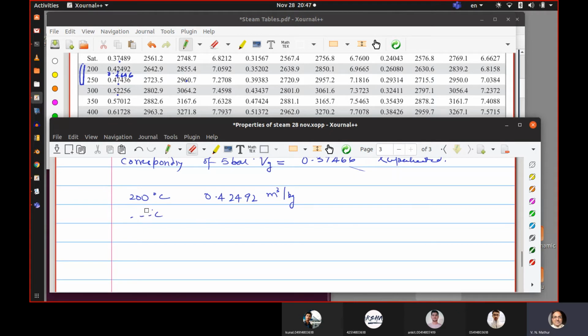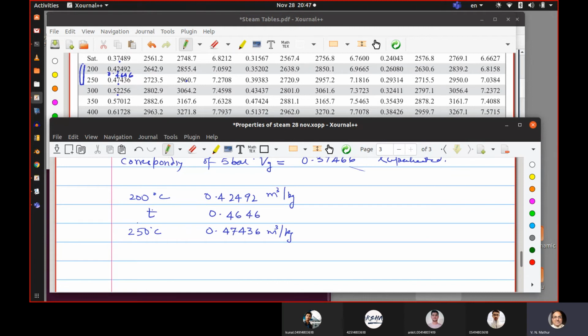I am leaving one space here. So the task is to find out that temperature at which volume is 0.4646.